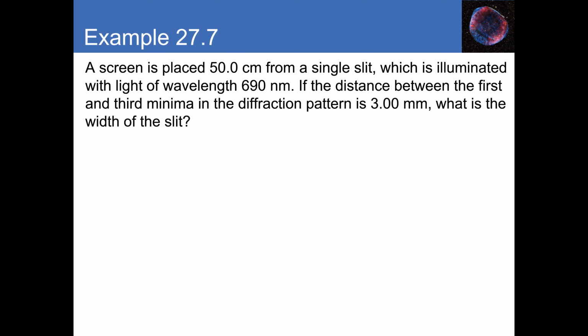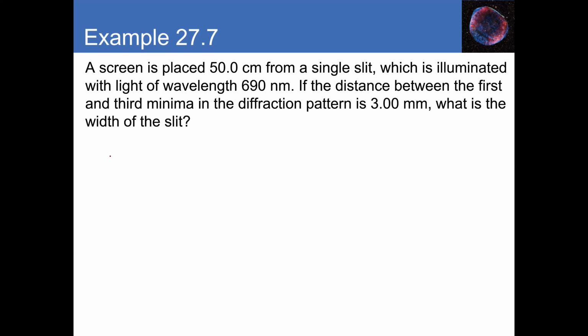All right, so one more example here. A screen is placed 50 centimeters from a single slit, which is illuminated with light of wavelength 690 nanometers. If the distance between the first and third minima in the diffraction pattern is 3 millimeters, what is the width of the slit?